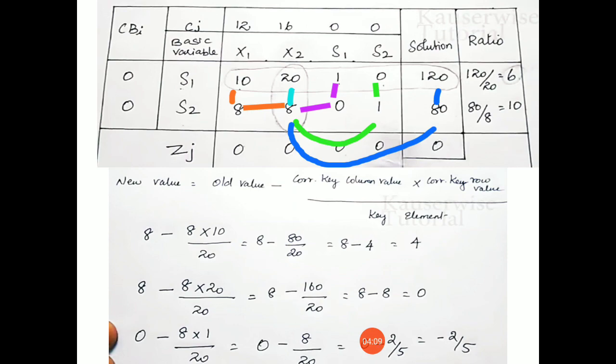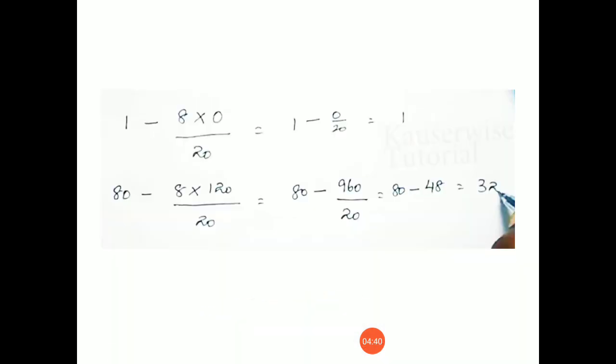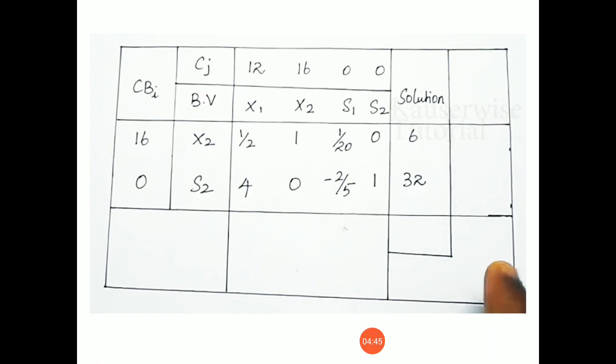The old value is 8 here, minus the corresponding key column value, which is 8 only, into the corresponding key row value, which is 20, divided by the key element, which is 20 here. So 8 minus 8 into 20 divided by 20 is 0. I have put 0 as the second element of the S2 row.